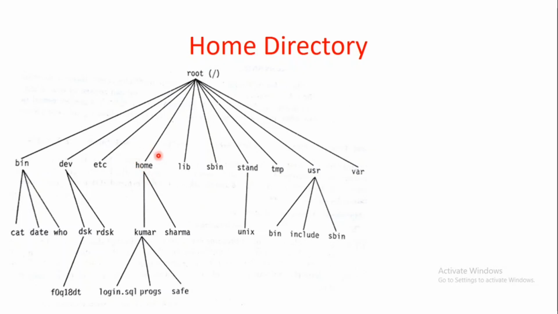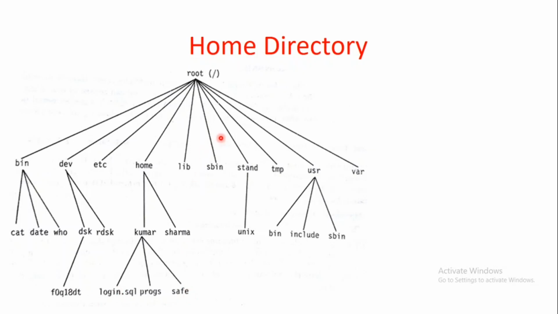Now what does this contain? This directory will contain the individual directories of all the users present in the system. For example, here we have Kumar and Sharma, which means that there are two users present in this operating system whose names are Kumar and Sharma, and Kumar in turn has multiple files: login.sql, procs and save.